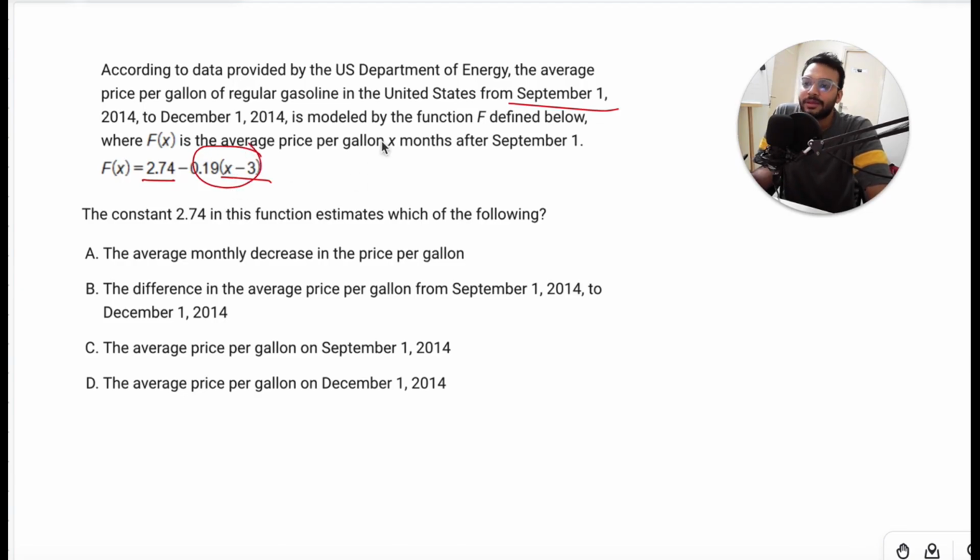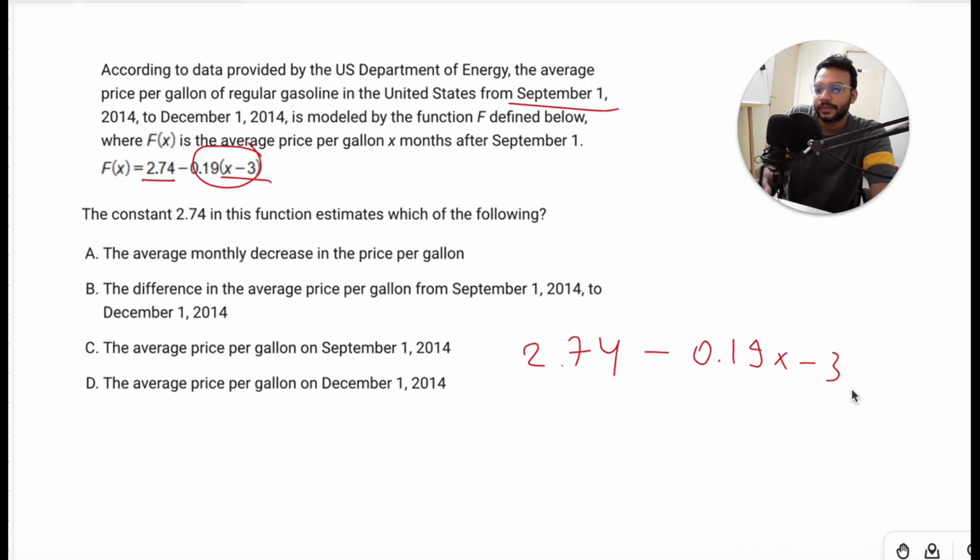So at 3 months from September 1, that's September 1 to October 1, October 1 to November 1, and November 1 to December 1. So that is the price in December, average price per gallon on December 1, 2014. That's 2.74. Okay, we can easily get that. At x equal to 0, that means it's on September 1, and that is 2.74 minus 0.19 times negative 3, which is 2.74 plus 0.57.